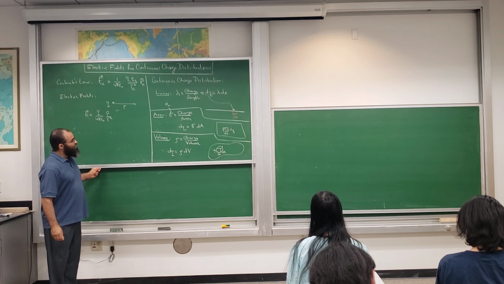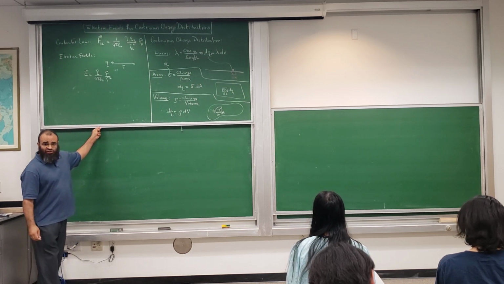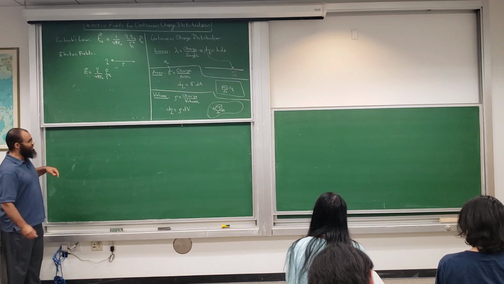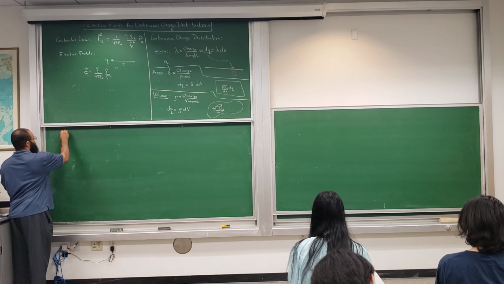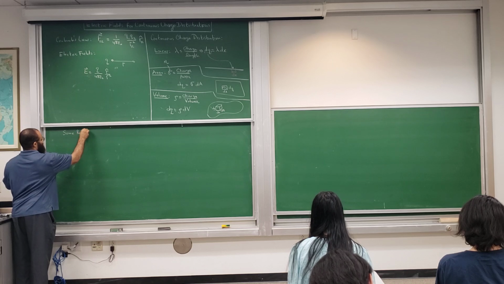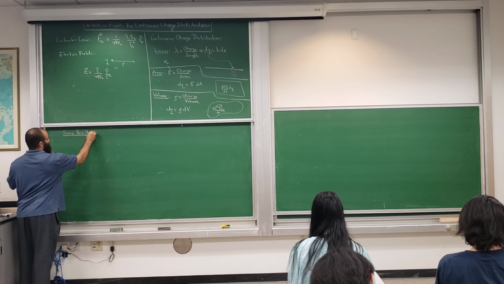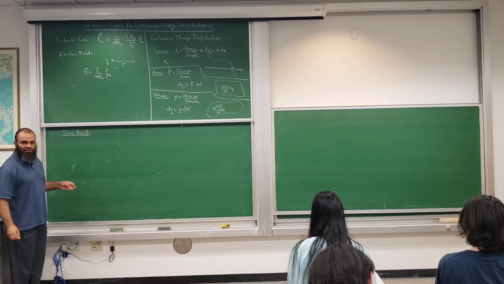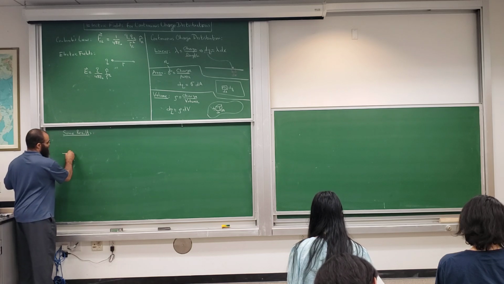All right. So some charge distributions that we did, some results that we had. I'll just write the two main ones. The one that we should always know, the infinite line.